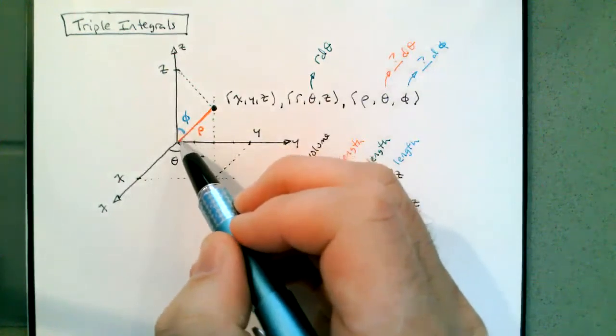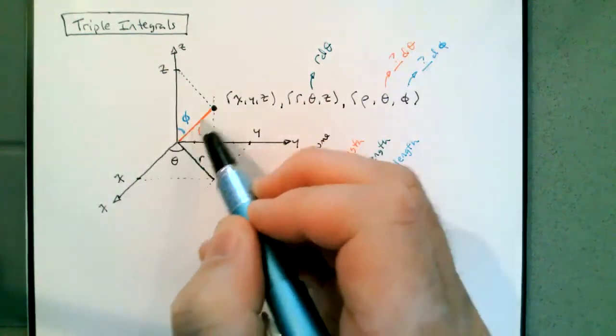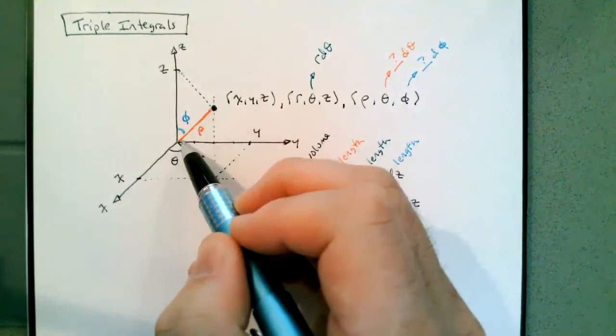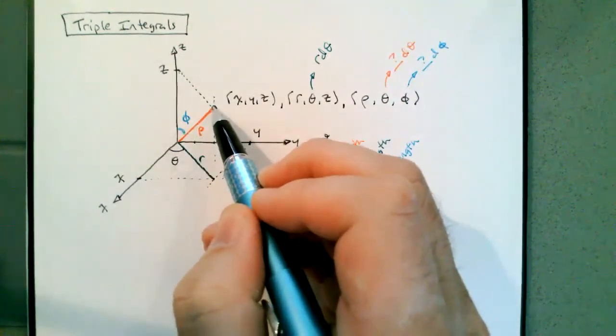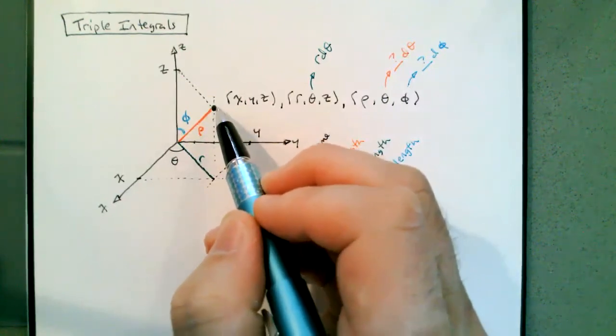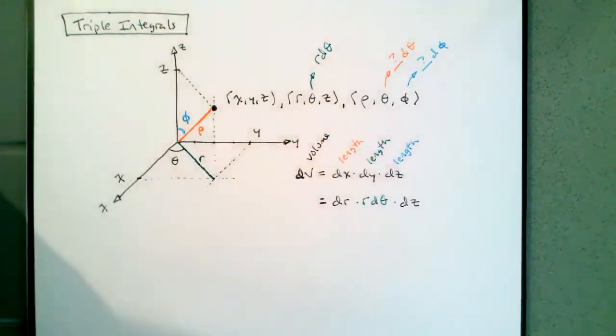So rho is one of the legs that's attached to phi. So for some small change in phi, we're going to get an arc length that's rho units away from the origin.